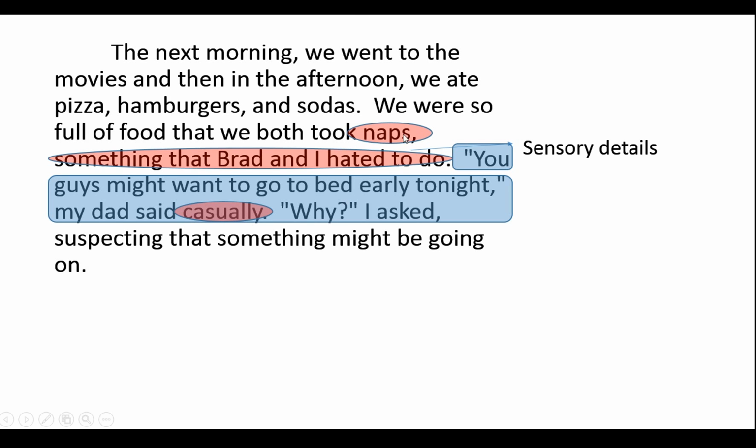It's telling us that our character doesn't usually like to take naps, so it kind of shows us our character's maybe a kid or has a lot of energy. It also shows us Dad said casually, so it shows us that Dad's kind of trying to surprise him a little bit by saying it casually. It just gives our reader a lot more information. This paragraph also has transition words, telling us the next morning, the afternoon. So all these things make for a really nice body paragraph.